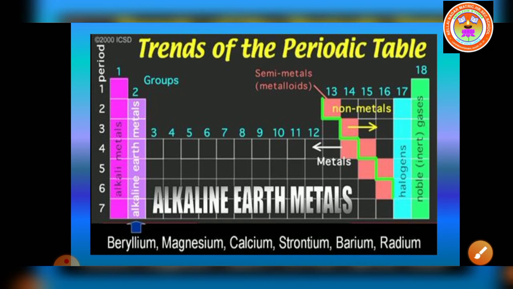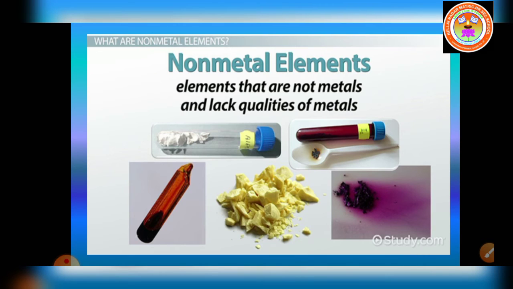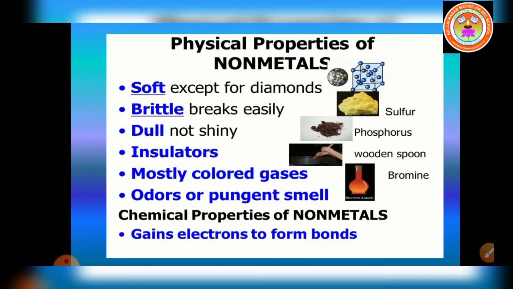Children, next we move on to non-metals. Sulfur, bromine, carbon, oxygen are the examples of non-metals. A non-metal is an element that does not have the properties of metal. A non-metal is an element that does not have characters like hardness, shininess, malleability and ductility.